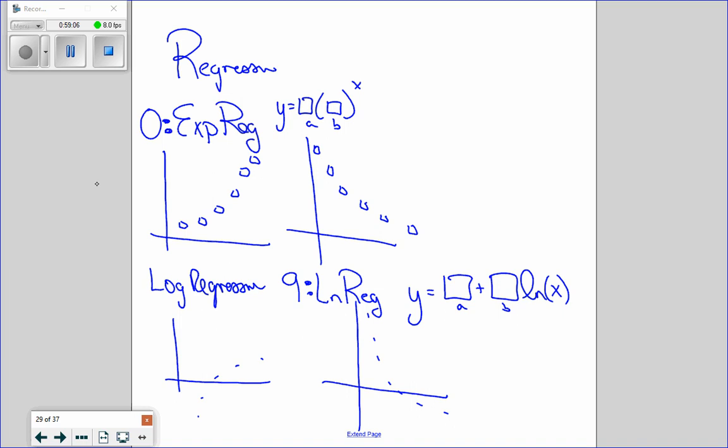Okay. And remember ln, you've probably forgotten because we literally spent no time on it. Ln is the exact same thing as saying log base e of x. And e is this number, 2.71.